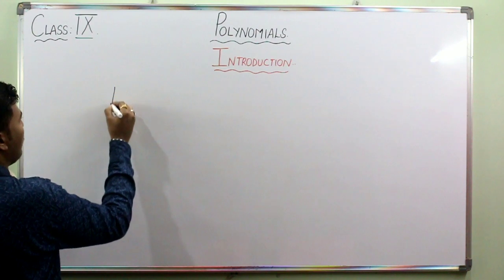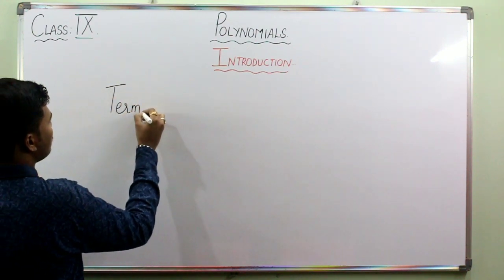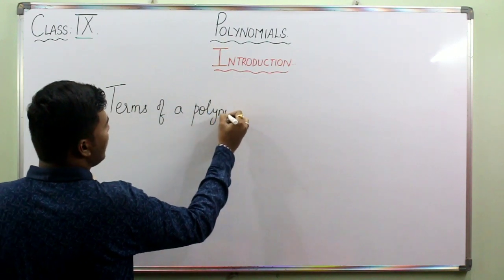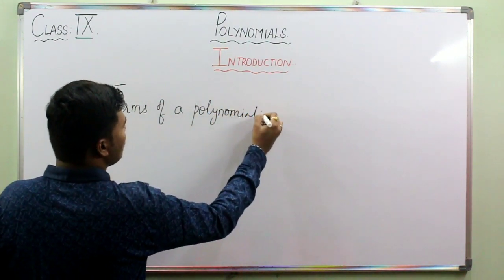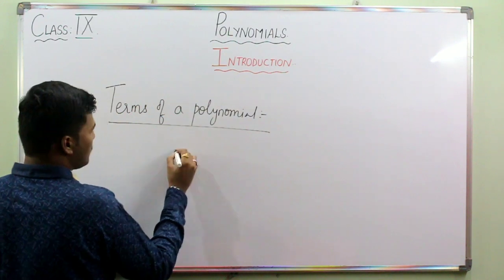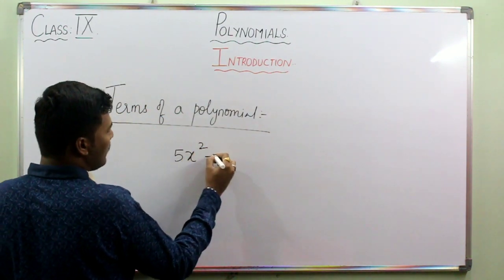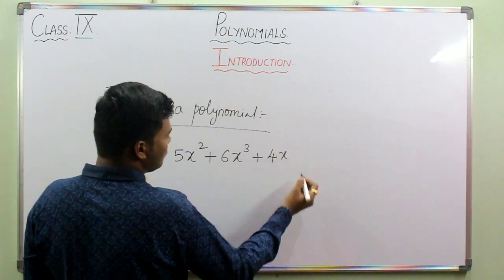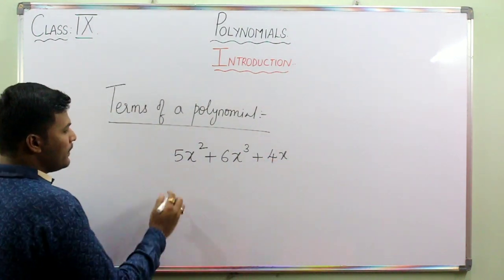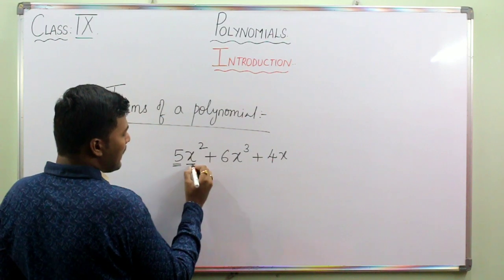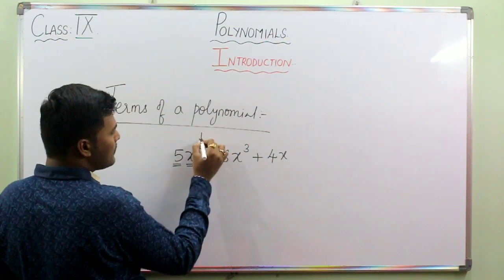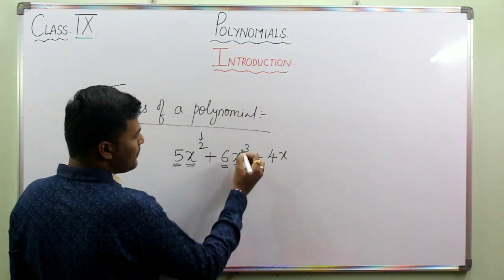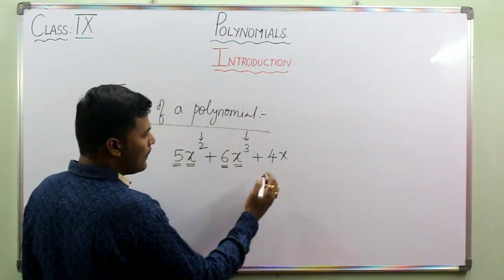The next we have is terms of a polynomial. For that, let us consider the expression 5x square plus 6x cube plus 4x. Here 5 is a constant, x is a variable and the power is a whole number. 6 is a constant, x is a variable, power is a whole number.